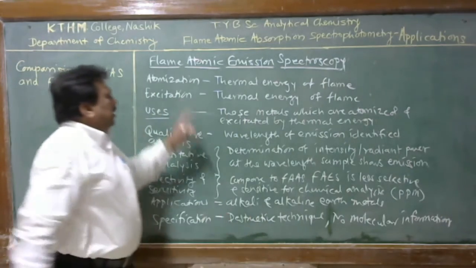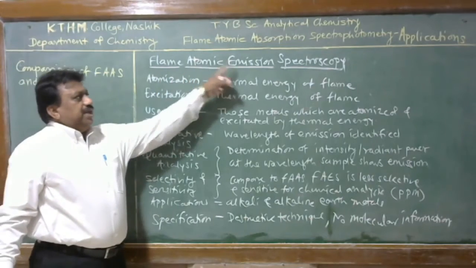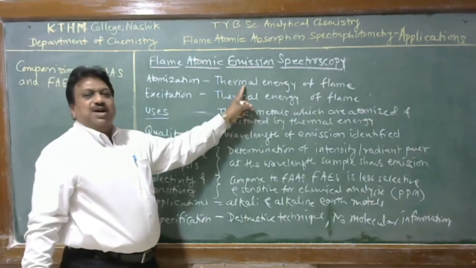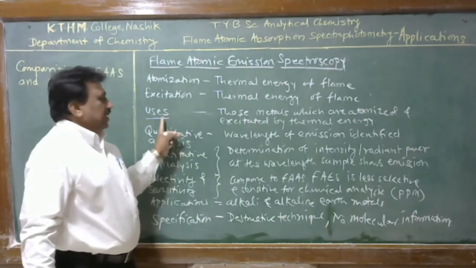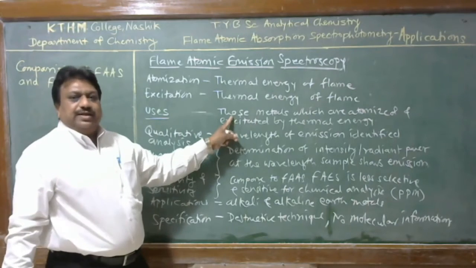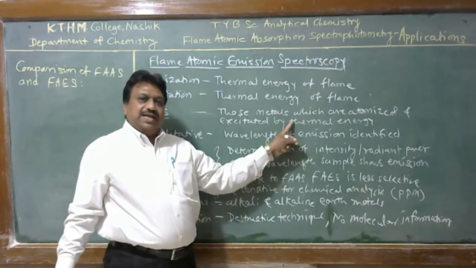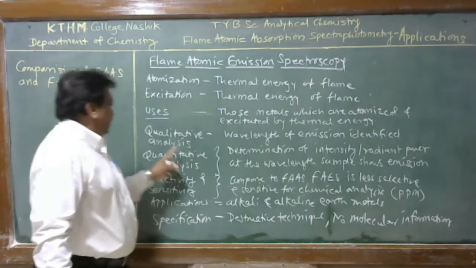Therefore, with reference to this, in flame atomic emission spectroscopy, atomization and excitation are carried out by the thermal energy of the flame. It is useful for determination of those metals which undergo thermal excitation and are atomized by thermal temperature.